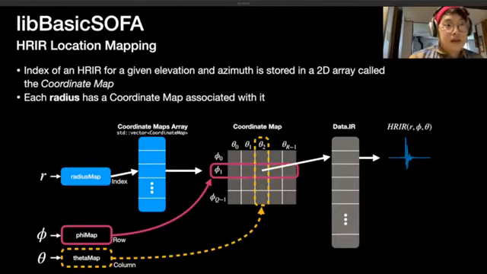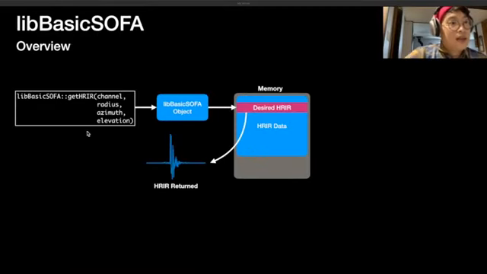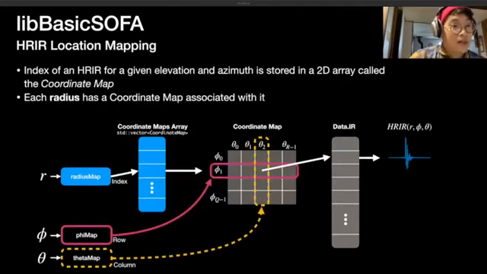Looking a little bit under the hood, one of the main challenges in libbasicsofa is that the input parameters are a coordinate, that's the radius, azimuth, and elevation. In order to find where that impulse response will start, there is a mapping that needs to be done to convert that coordinate into an array index.